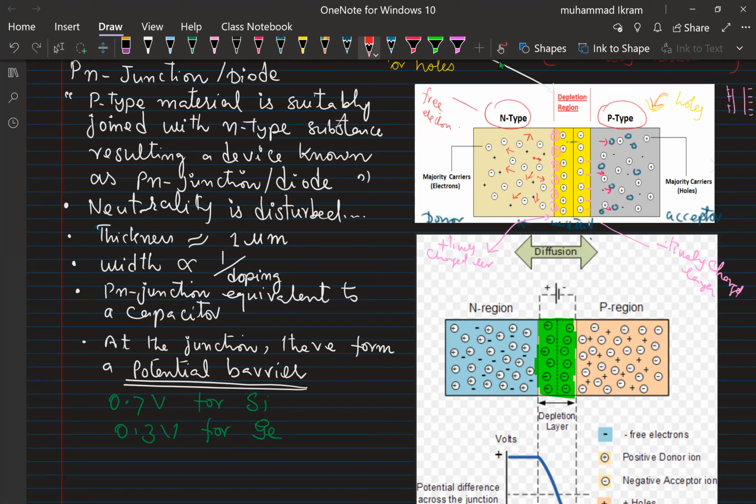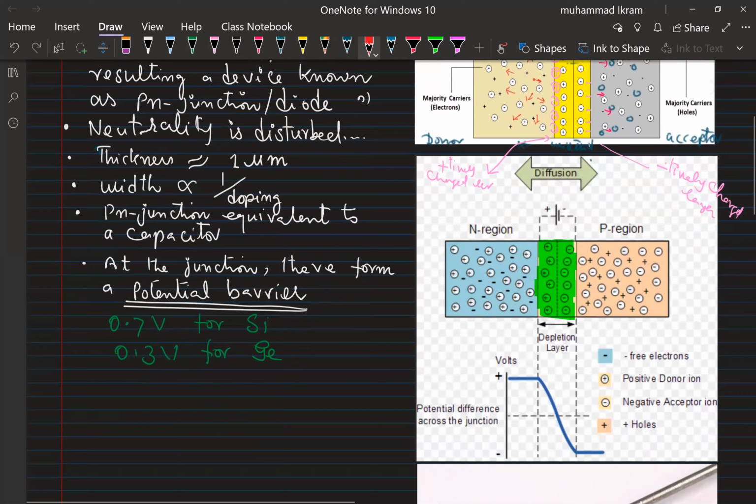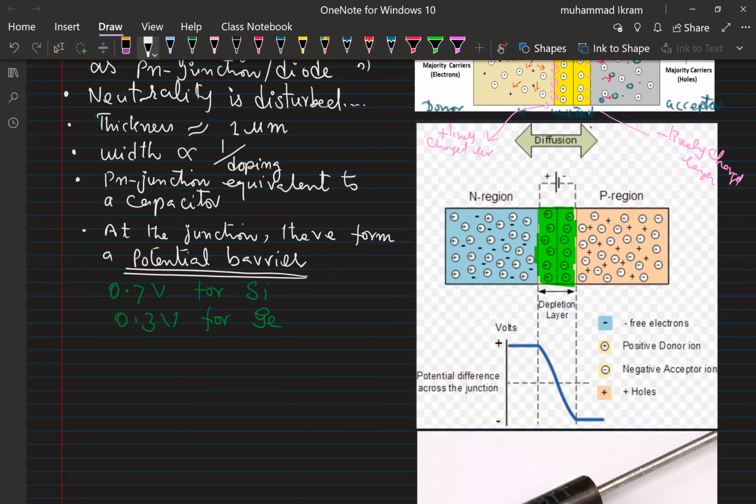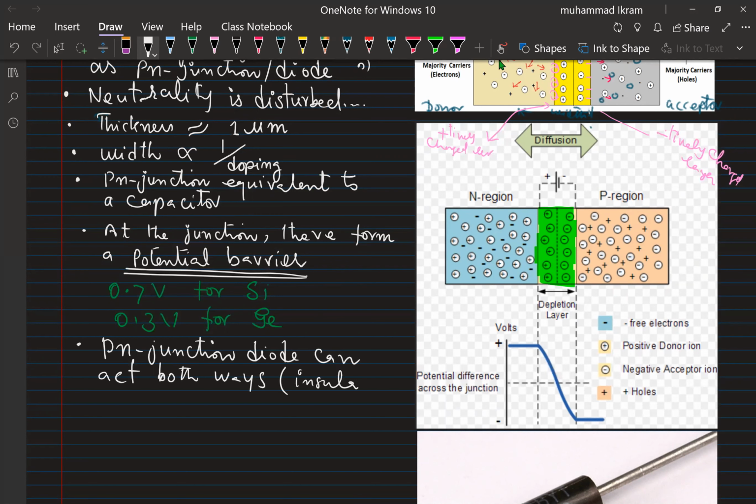So in one way we can say that the PN junction diode is a kind of two-way switch. This PN junction diode can act both ways, as an insulator as well as a conductor.